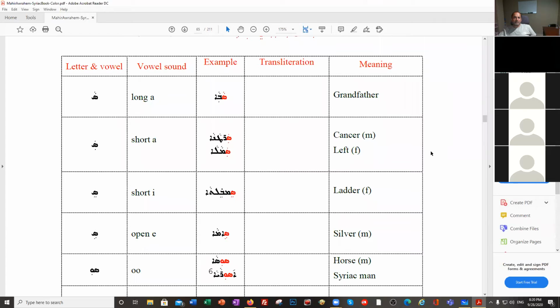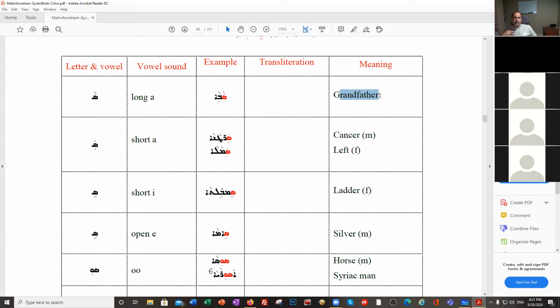Usually I put here grandfather. It should be an old man. Absolutely, it gives the right meaning for old man. When exactly is it going to mean a grandfather?